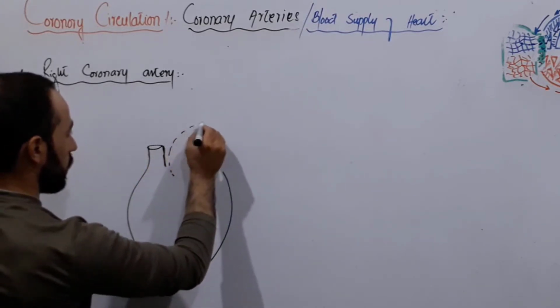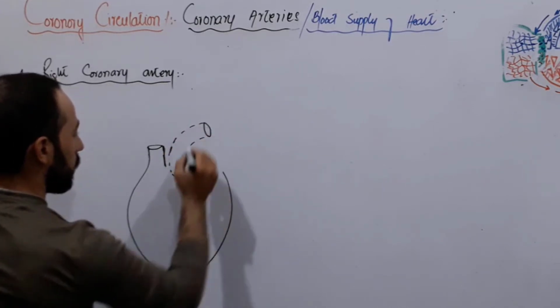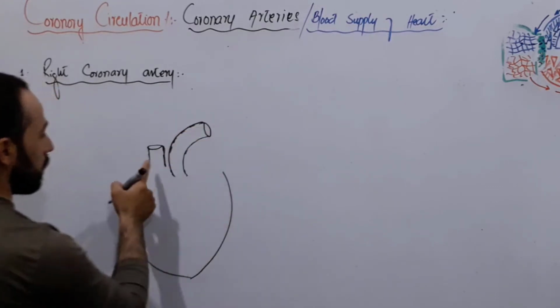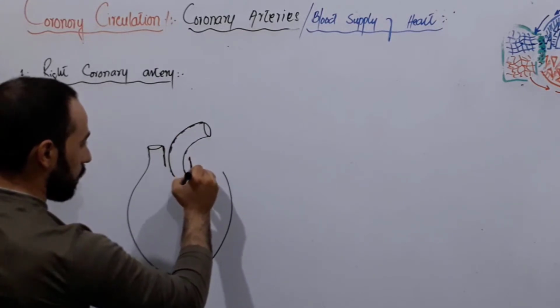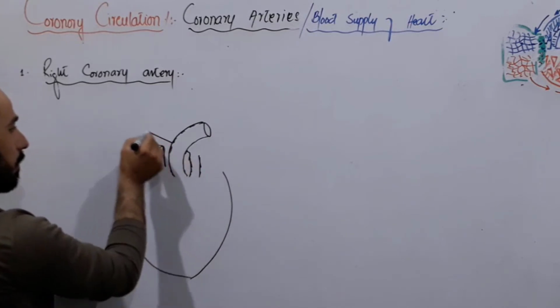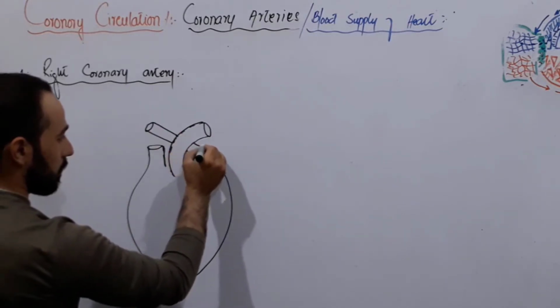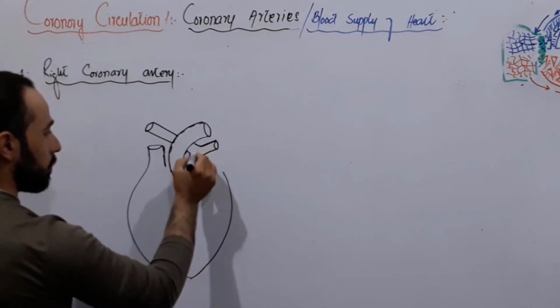This is our aorta. Superior vena cava, this is aorta. Our pulmonary trunk.